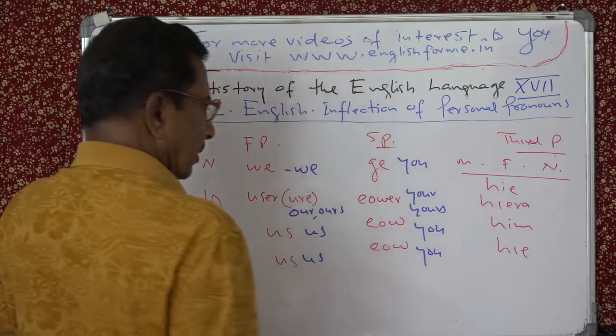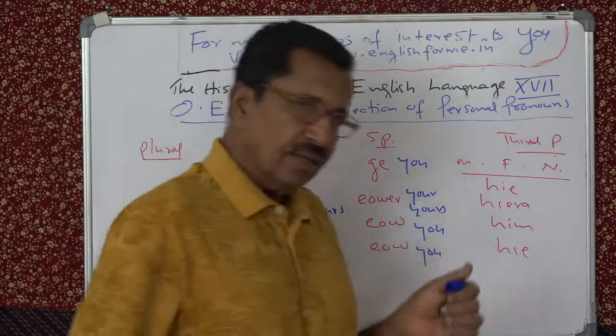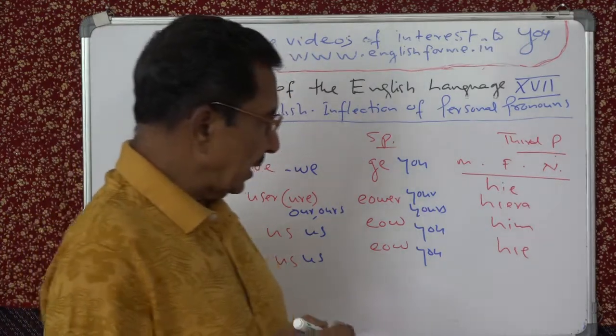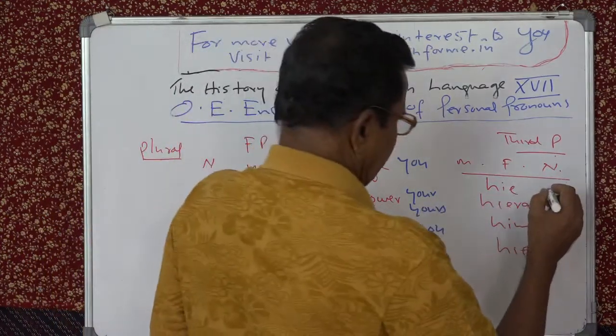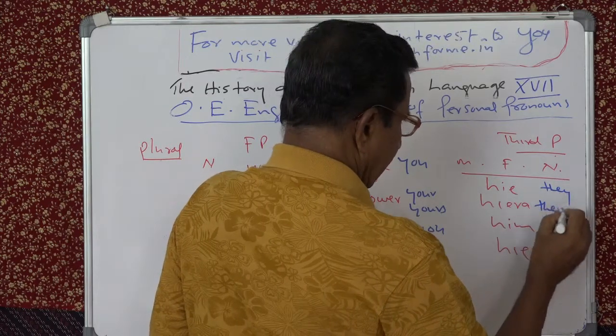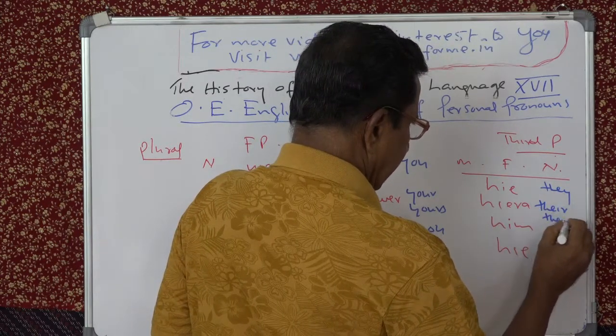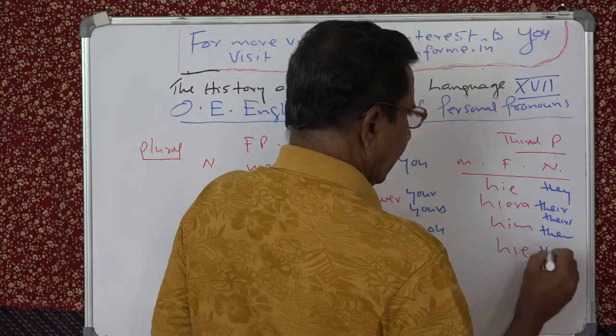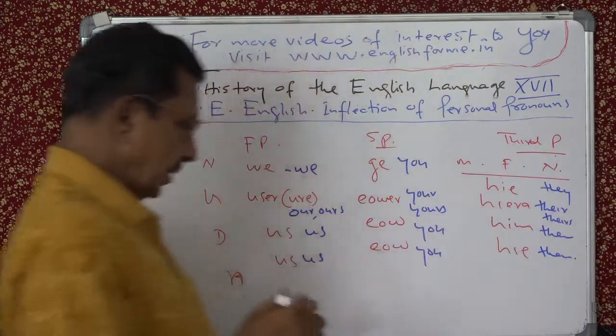Here we say now they, them, their or theirs, them, and them. So that is modern English.